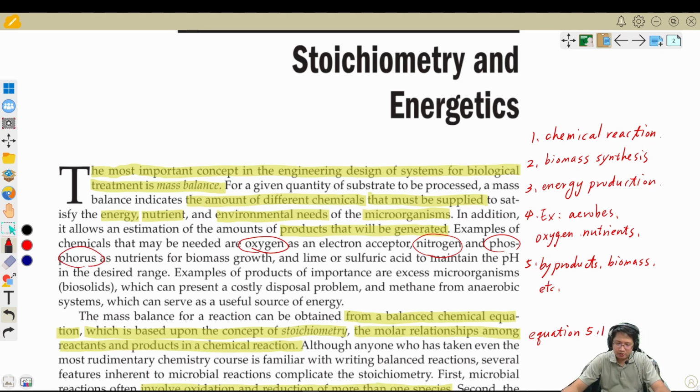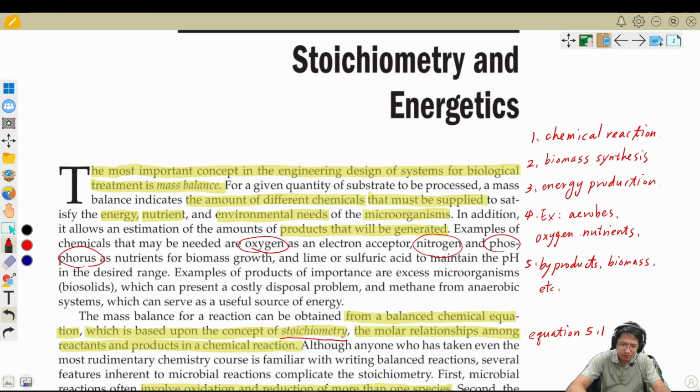By understanding the mass balance between the chemical reactions for microorganism synthesis, we can understand the reactions, their byproducts, and biomass generation, and so the amount of cells they can produce during their metabolism.